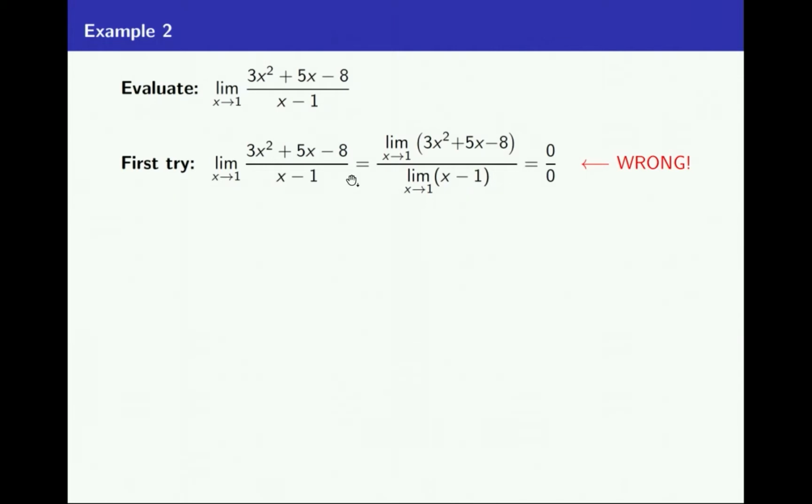What went wrong? Well, we were wrong in applying the limit law in this step because it doesn't apply. The limit of the bottom function equals 0. So we're dividing by 0.